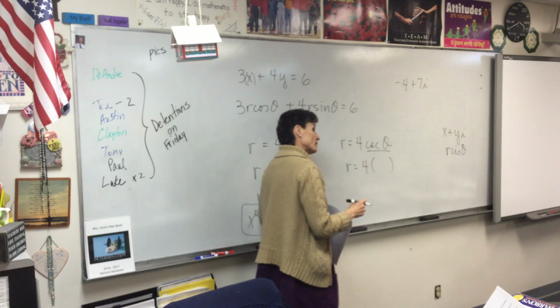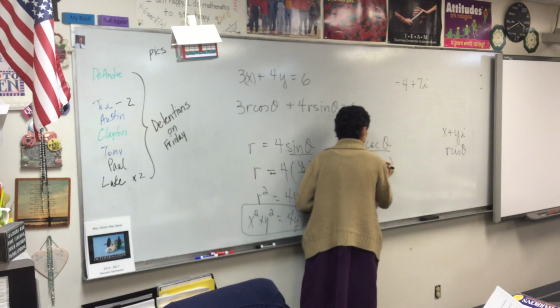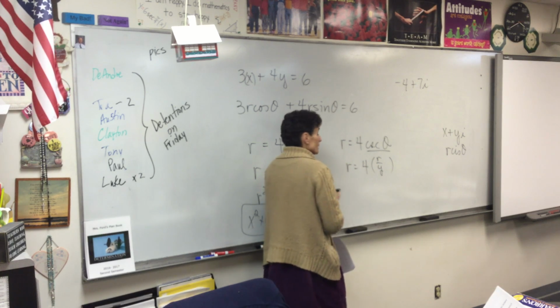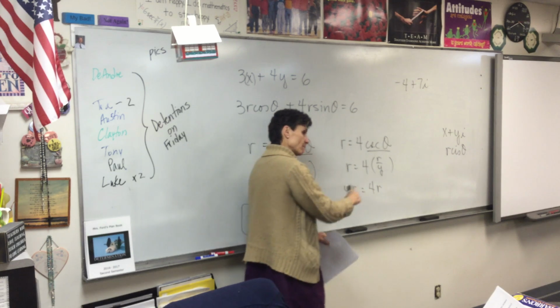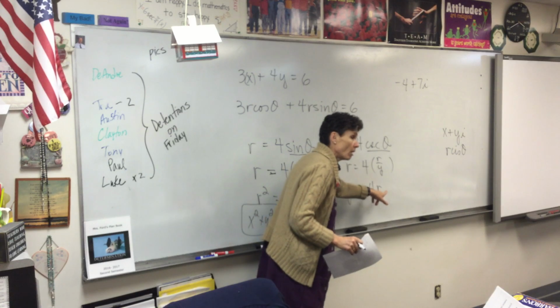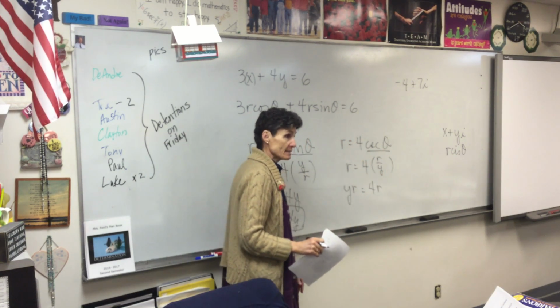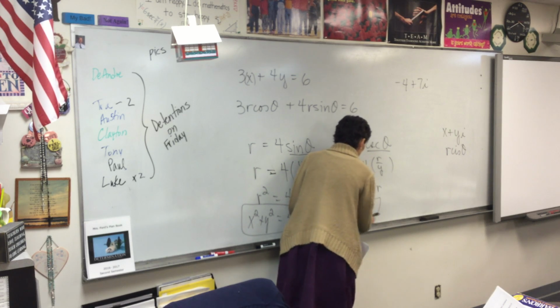Cosecant is the reciprocal of sine, so that would be r over y. And then we multiply, this time by y. And then something different happens. Instead of getting r squared, you get an r on both sides. So we can divide them out. And that would be the answer.